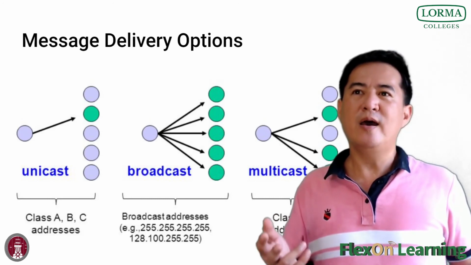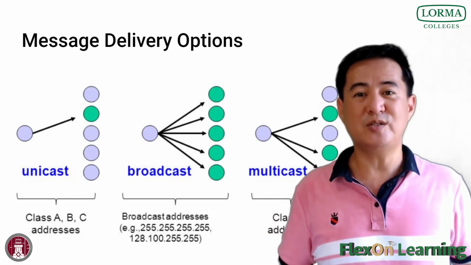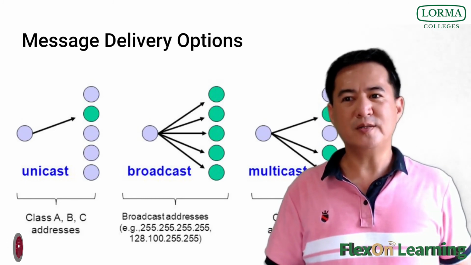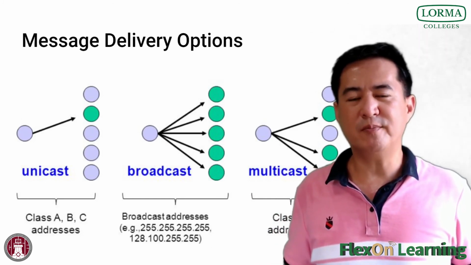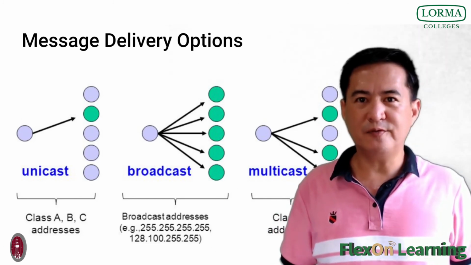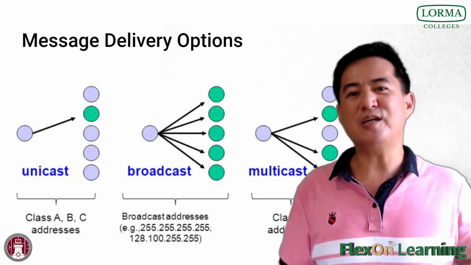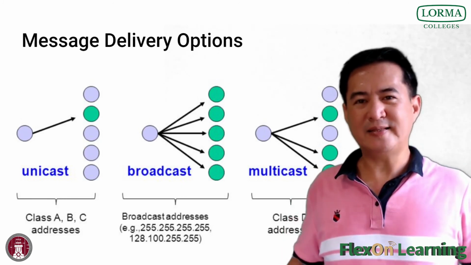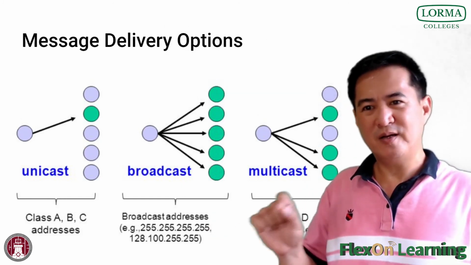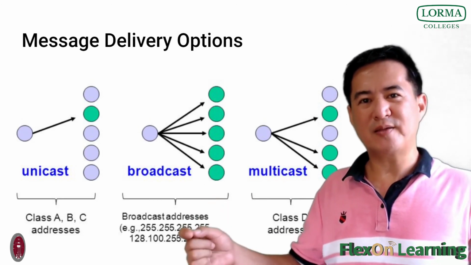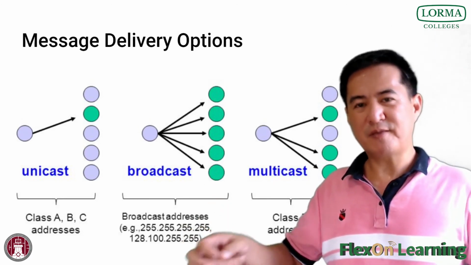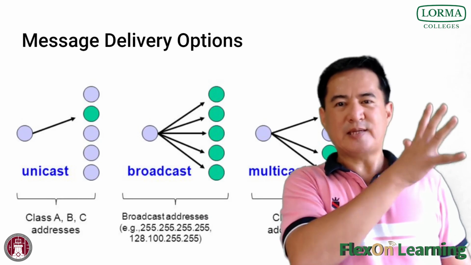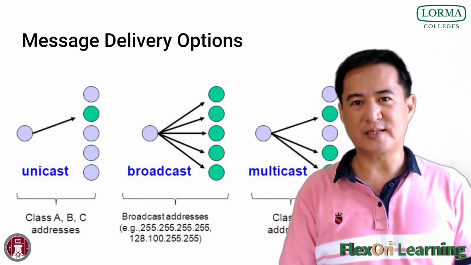That message would say, hey, who among you is the DHCP server? Can you give me an IP address? Because I would like to connect. Of course, since all of those computers were able to receive it, if you are not the server, you will not reply. The DHCP server will have to reply. And the communication from the DHCP server to the one requesting is a unicast. But the one asking for an IP address, sending a message to all, is called a broadcast.